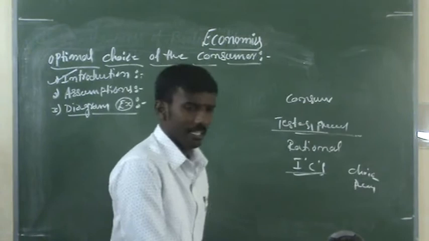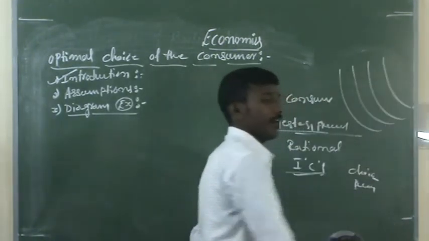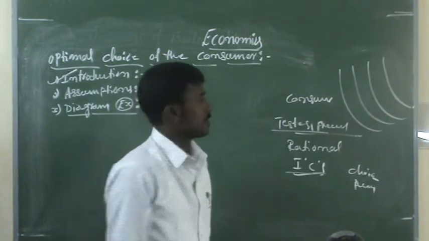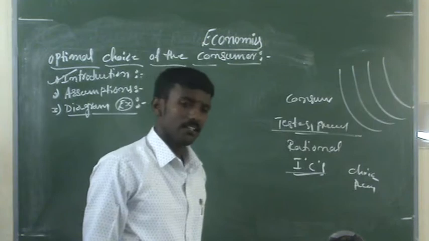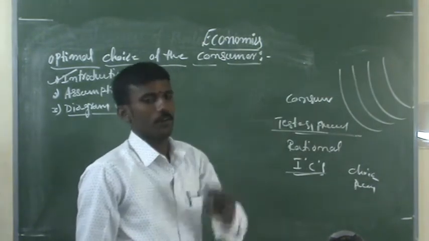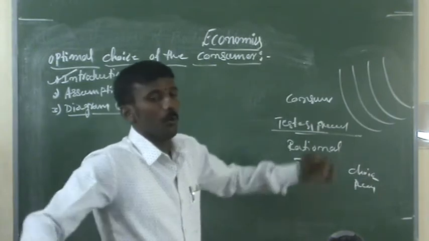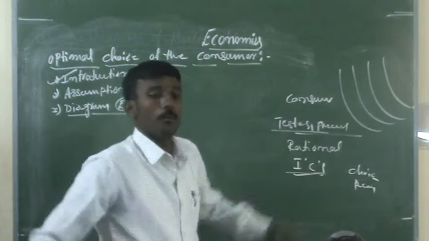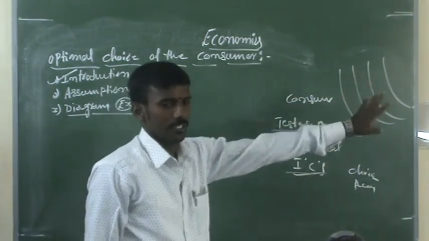See for example, indifference curves means many indifference curves will be there here. See, there are 4 indifference curves here. Does a rational consumer have to choose all? No, not possible. They have to choose only one. Which good or which curve gives more satisfaction to the consumer, that indifference curve only they have to see.